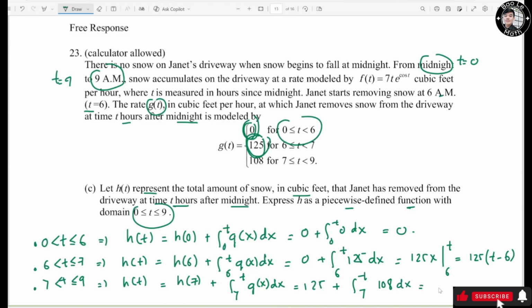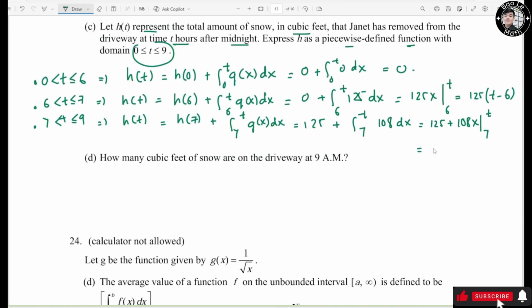It's going to be 125 plus 108s evaluated from 7 to t. It's going to be 125 plus 108 times (t − 7). So the piecewise function is h(t) equals this.